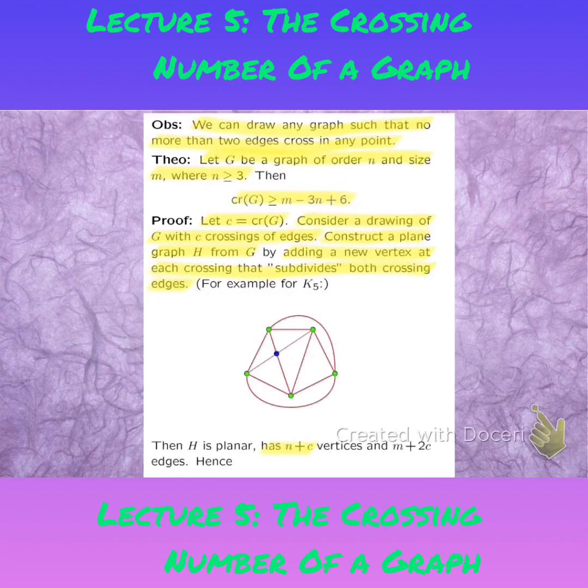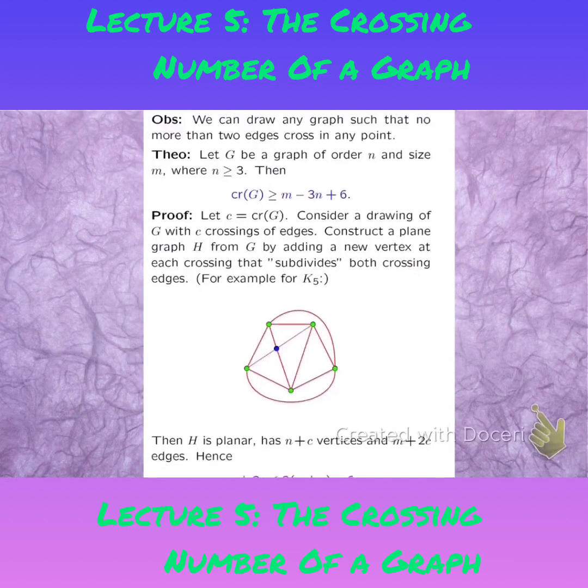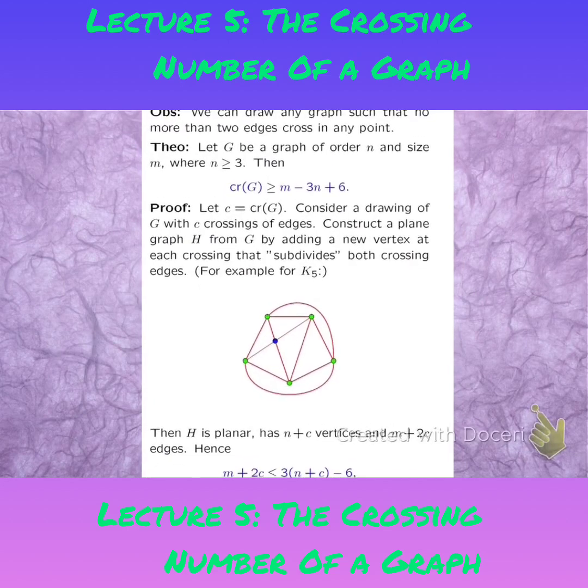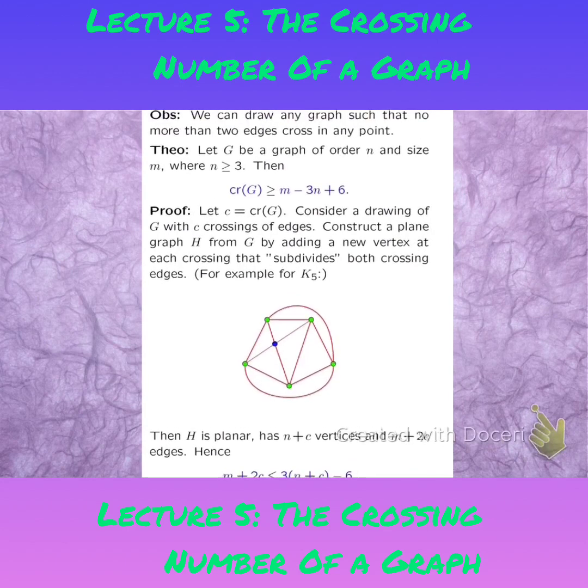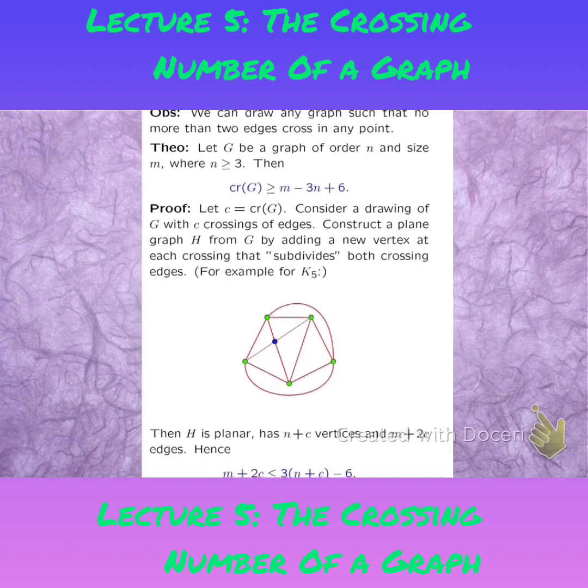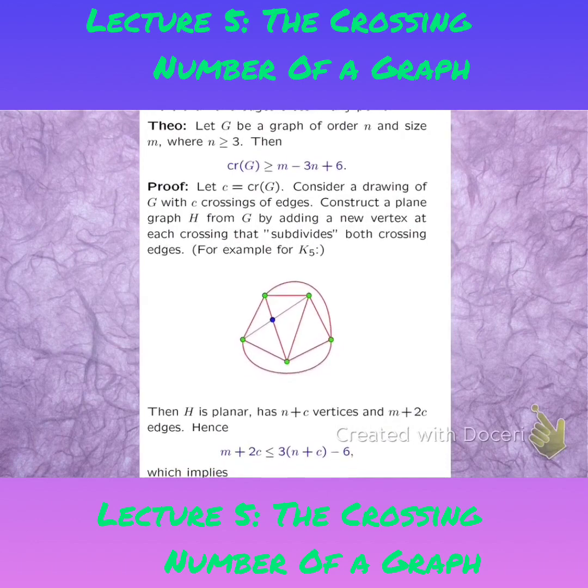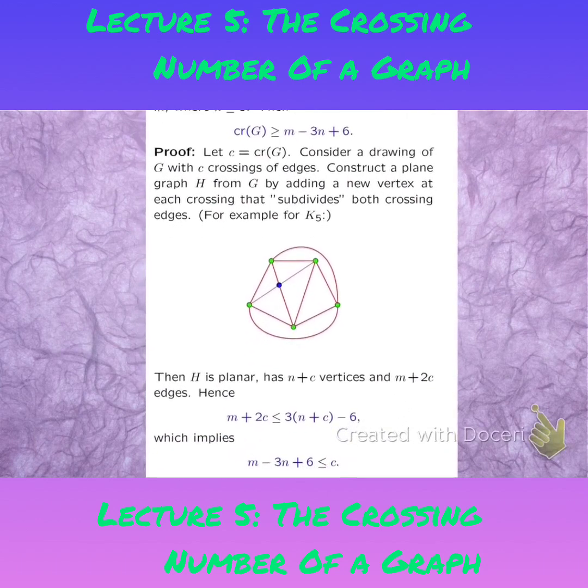So essentially, for each crossing, you're creating two edges. Right, so now you've introduced C vertices in your new graph. You've introduced 2C edges. And therefore, this is a planar graph, right? So we know the size of this planar graph.